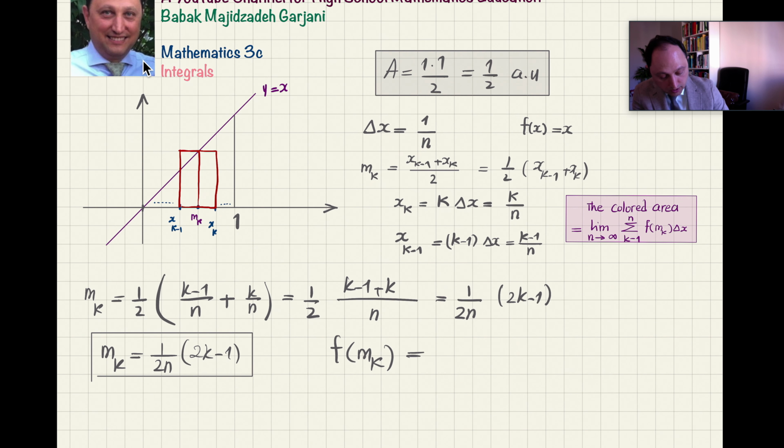What is f of mk? It's mk itself, because f of x is x, so f of mk is mk. But what is mk? I found mk. It is 1 over 2n, 2k minus 1. So now everything is clear.